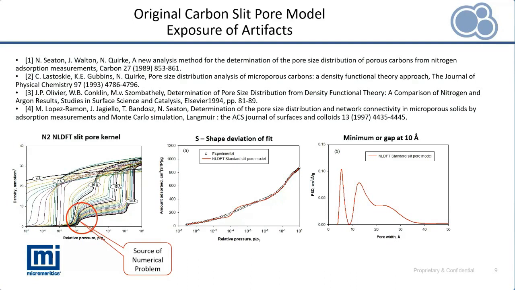But when the experimental data became higher quality, higher resolution, people started to observe deviations when fitting the experimental data, and the corresponding pore size distributions show a minimum at about 10 angstroms for any carbon.